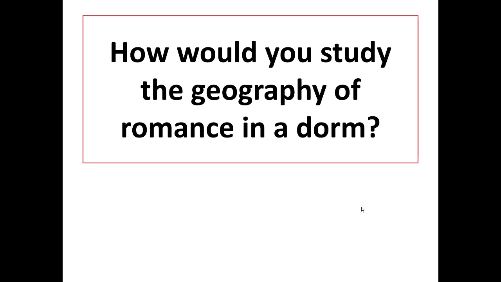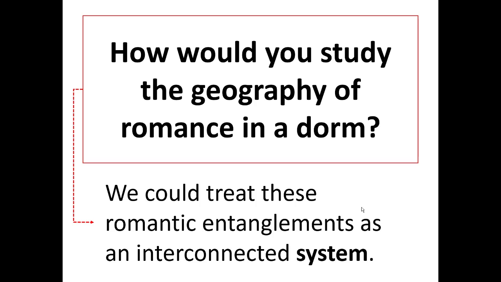It doesn't really matter to me. In this case, we can identify linkages or connections in the sense that one person likes another person and is not liked back. So we could treat all of these, if you want to call them romantic entanglements, as an interconnected system.